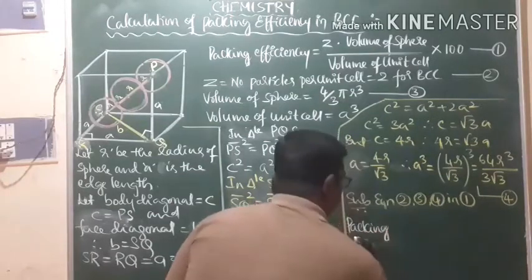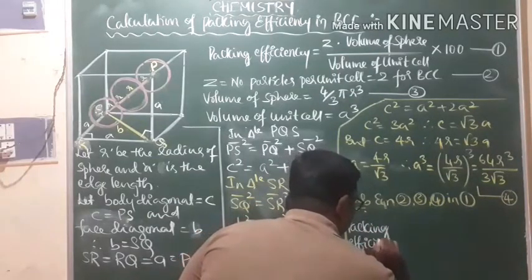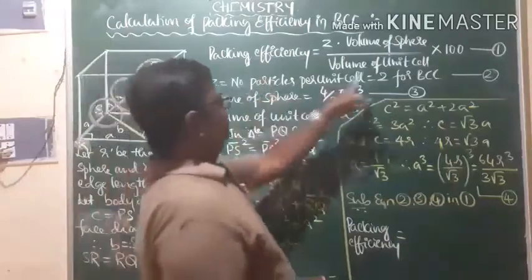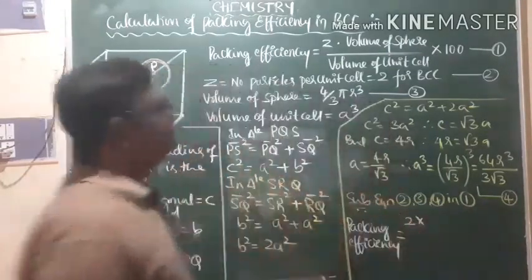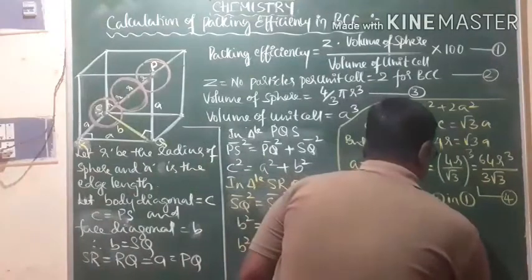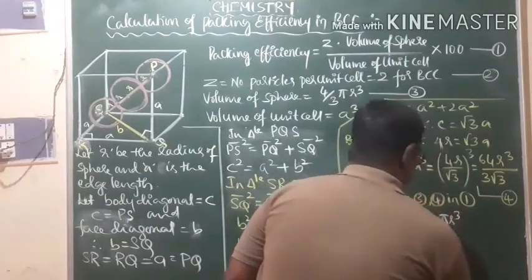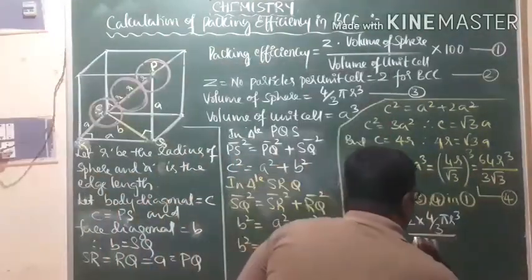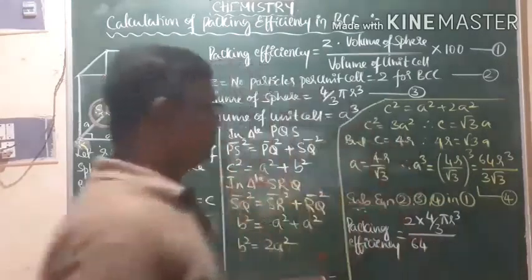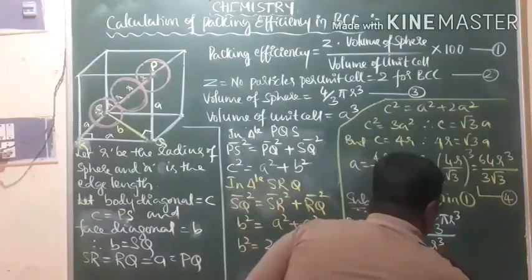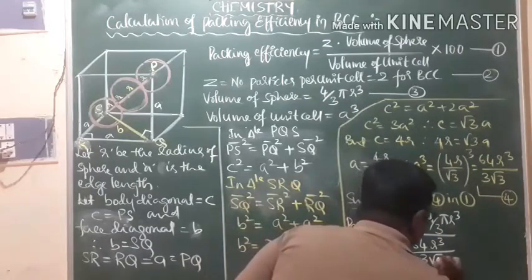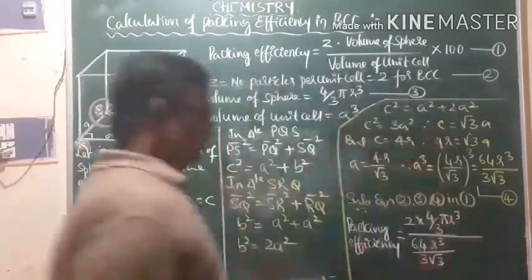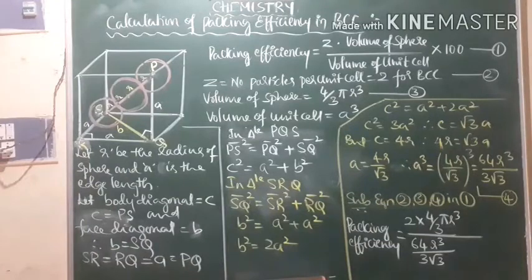Packing efficiency equals Z, which is 2, into volume of the sphere, which is 4 by 3 pi r cube. Then volume of unit cell is equation 4, which is 64 r cube divided by 3 root 3, into 100.